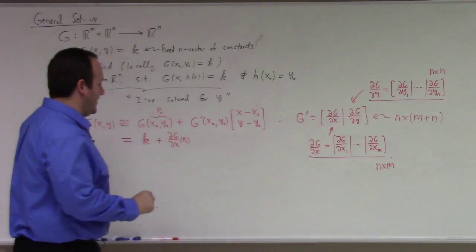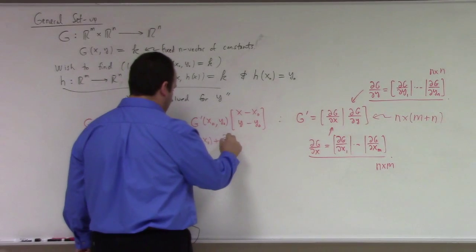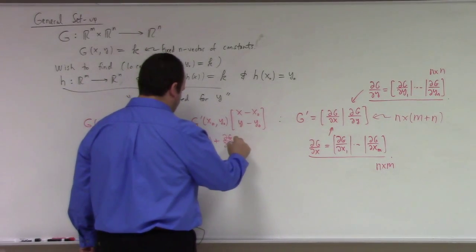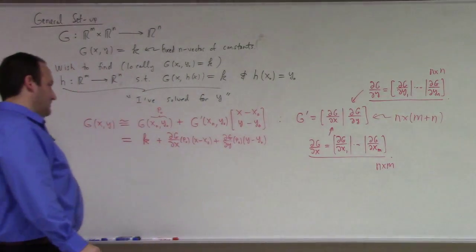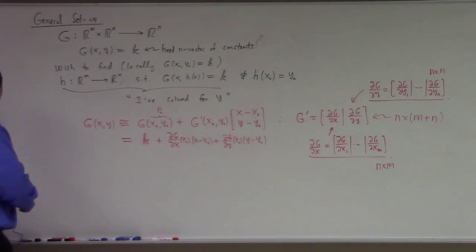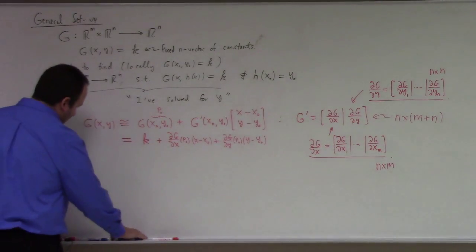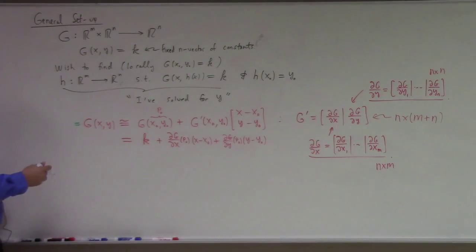Partial g partial x times x minus x naught plus partial g partial y at the point times y minus y naught. Now, if we're looking for a solution, what should I put here?